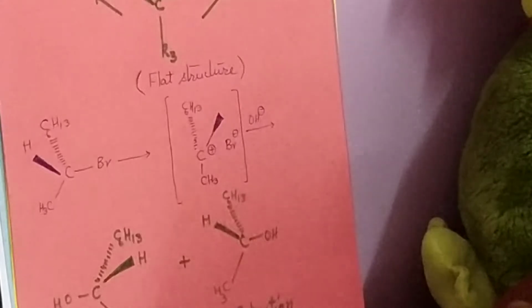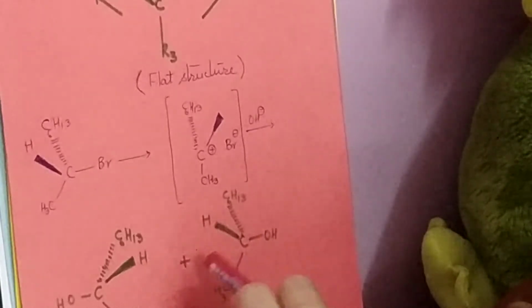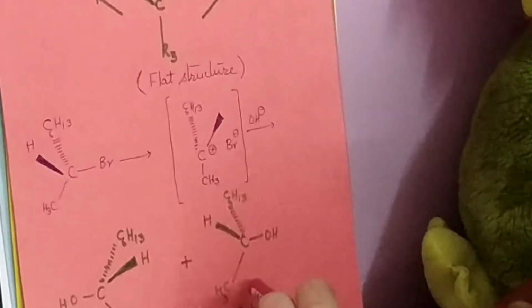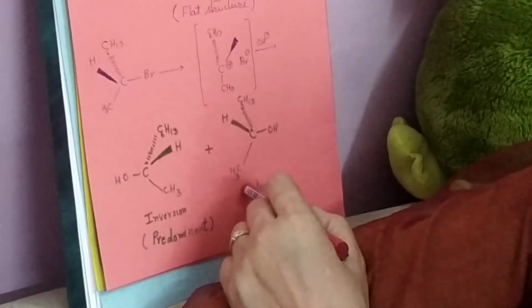Now, if that happens, then the inverted product will have a slightly higher concentration as compared to the original product, which is the product with retention of configuration. Now, what do you understand by this? That we will actually be getting more of the inverted product and less of the retention product.